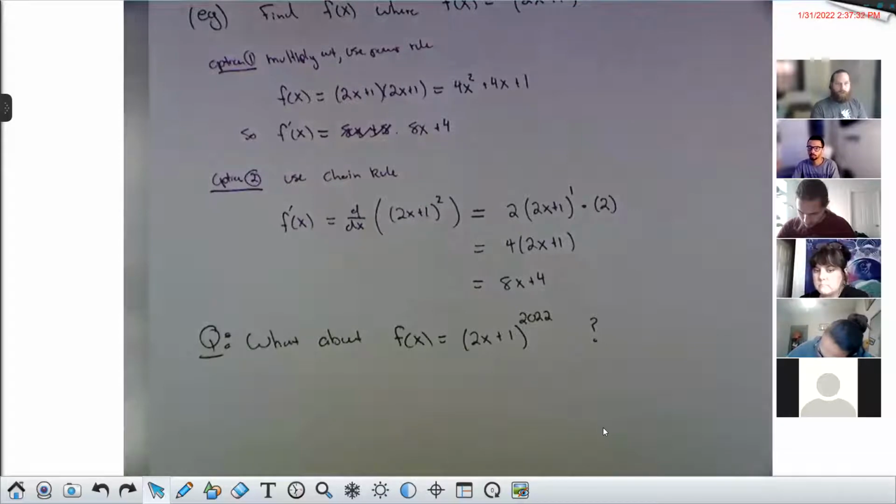Why should I use the chain rule for the function at the bottom instead of option 1 there? Quicker. Yeah.